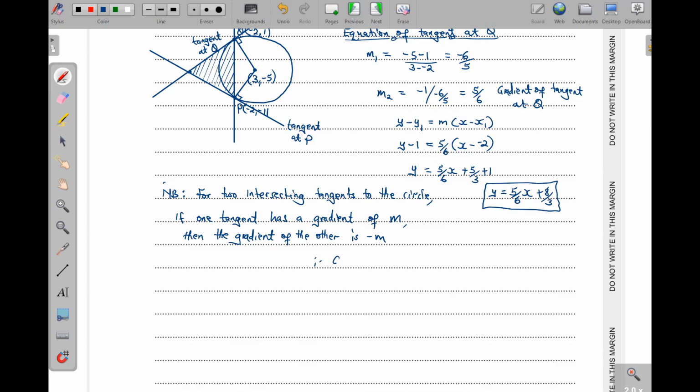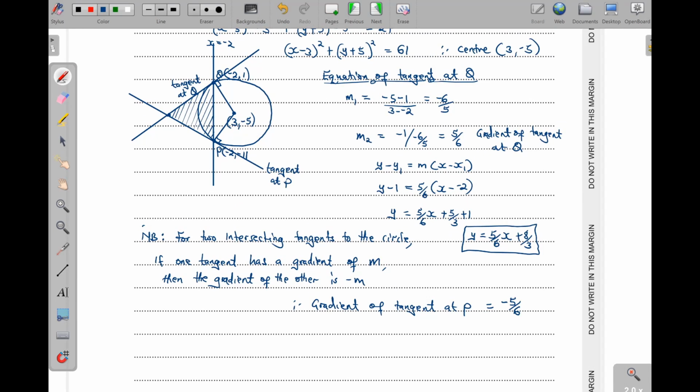Therefore, the gradient of the tangent at P is equal to, the gradient here we got this 5/6. Then for this one it is going to be -5/6. You can prove that, you can do the same thing here.